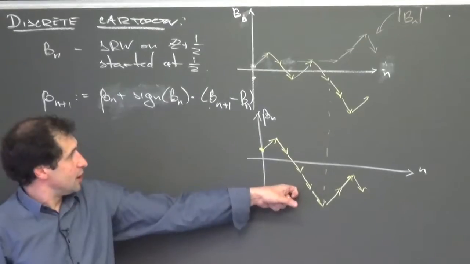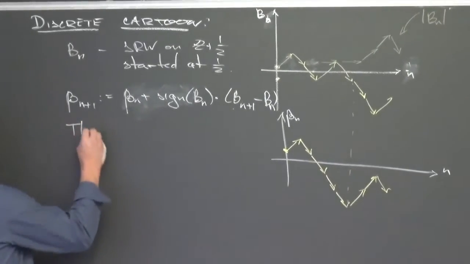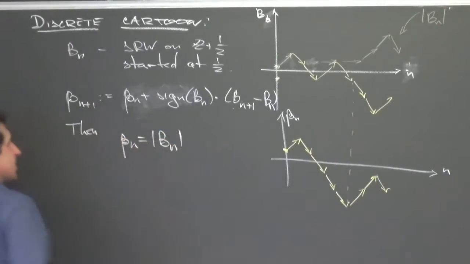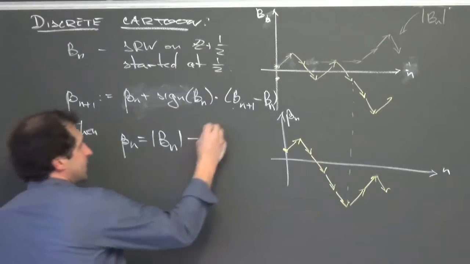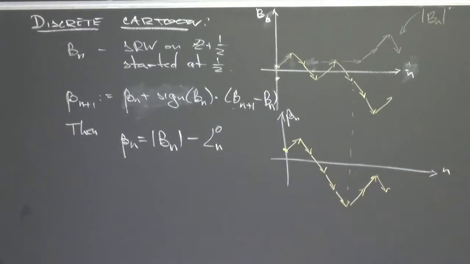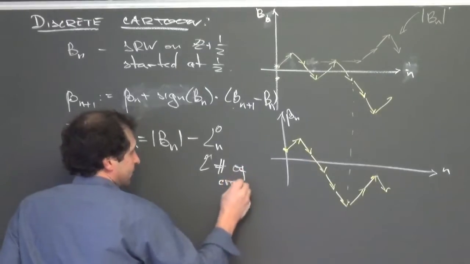So what you see is more or less the same. The claim is that the absolute value of beta n is the absolute value of Bn minus the number of crosses.